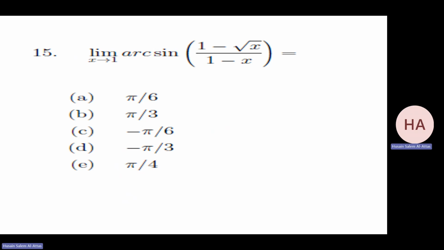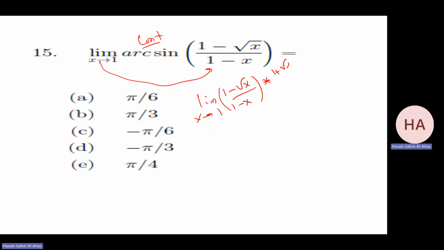Limit of arc sine of this. It means I take the limit inside, since this is a continuous function. So I need to check this limit. Substitute, you're getting 0 over 0. So rationalize. You're getting the limit as x goes to 1 of 1 minus x over 1 minus x times 1 plus the square root of x.